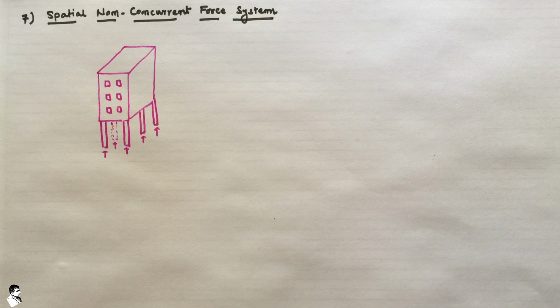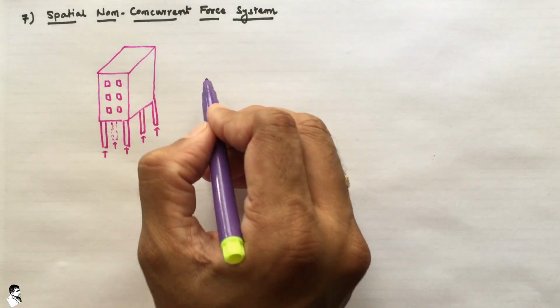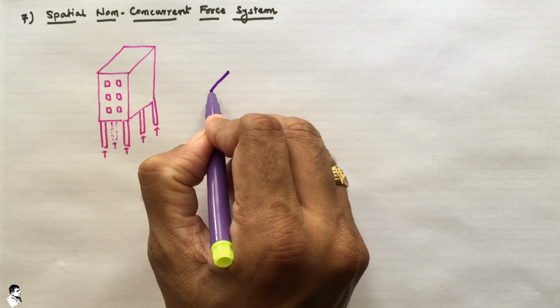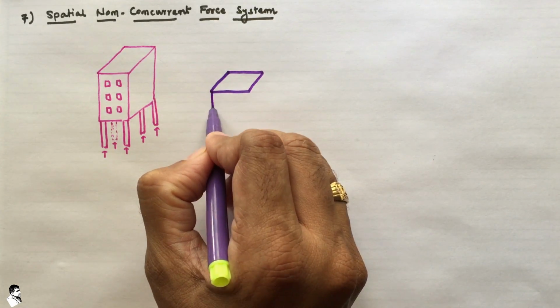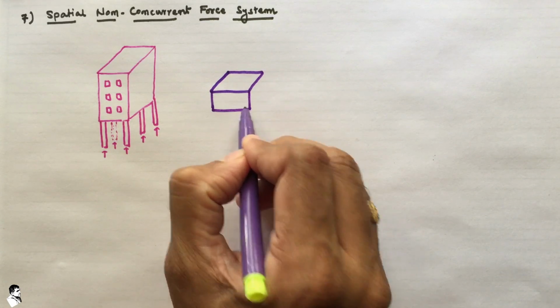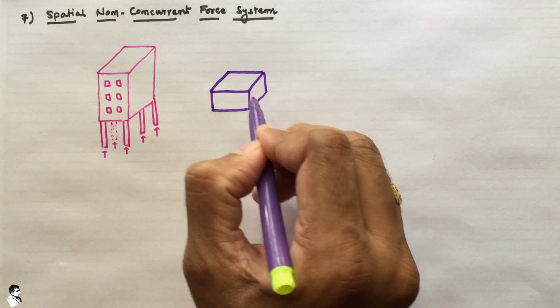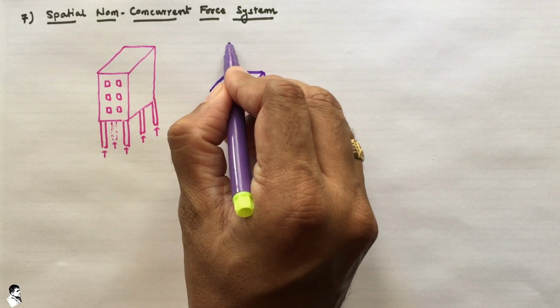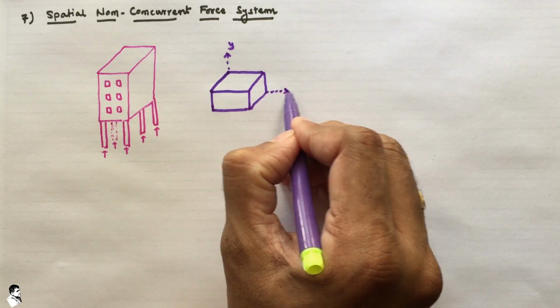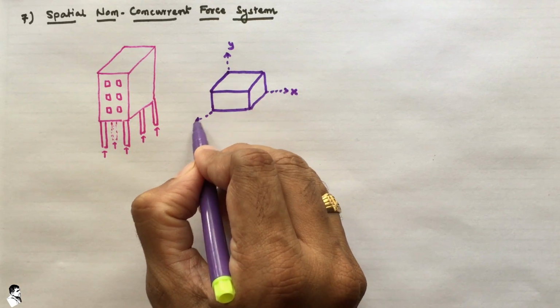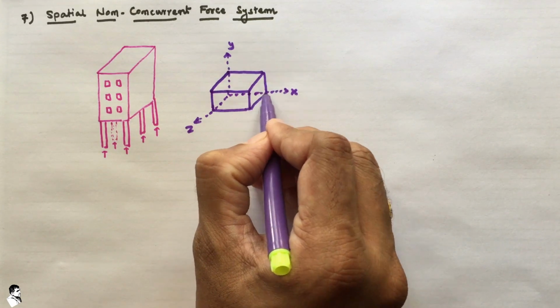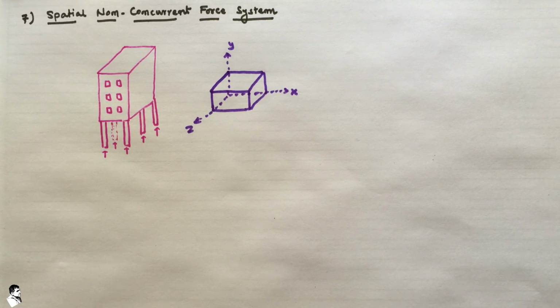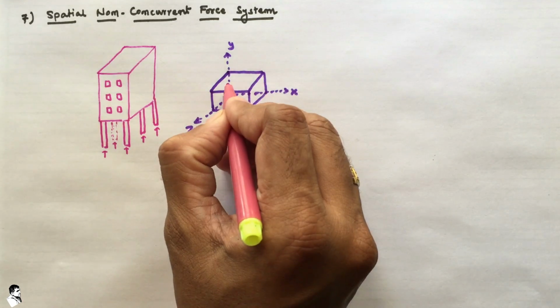You can also understand with the Cartesian system that we took in the previous system. So this is a Cartesian system with x, y, and z coordinate. Now simply I put the number of forces.